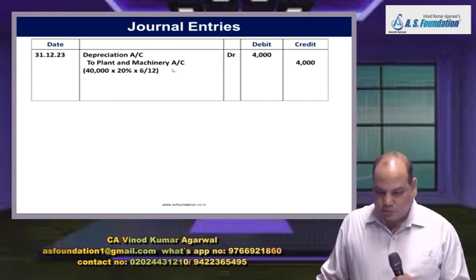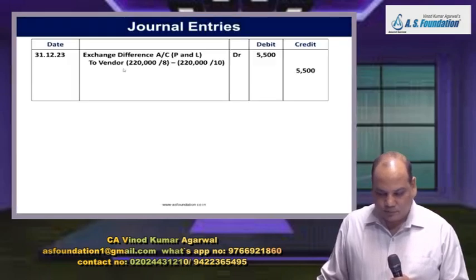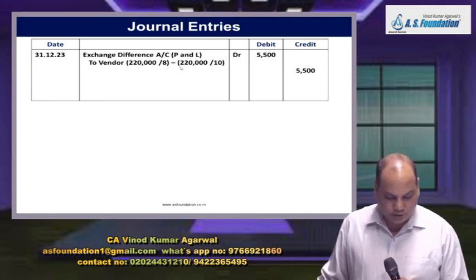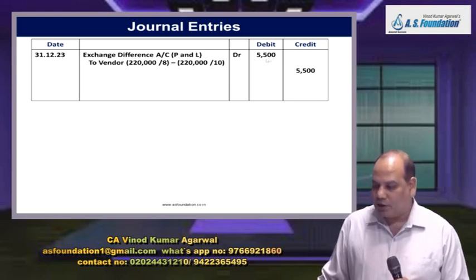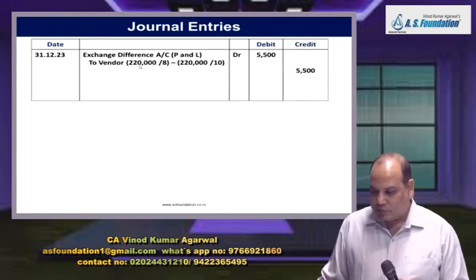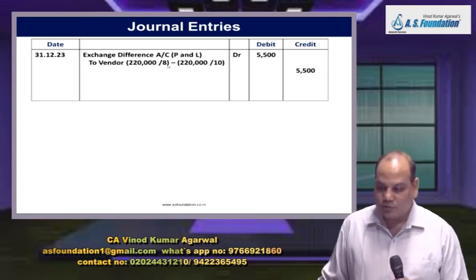And one more entry you have to do. You have to restate the foreign currency liability. Exchange difference account debit 5500 to vendor account 5500. See the calculation. At the end of the year, we have 2,20,000 yen payable. The rate is 8, not 9. 9 is to confuse you.